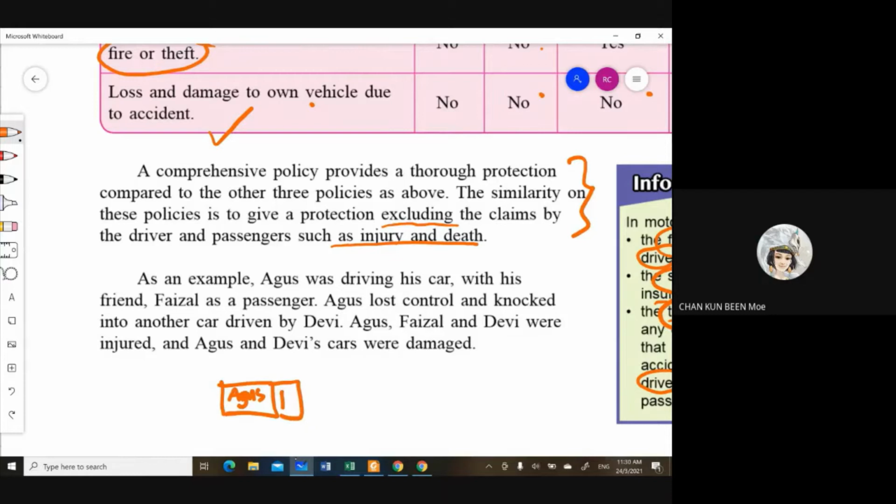Okay, Faisal sits at the back. And then Agus lost control and knocked into another car driven by Devi. So Devi is driving this car. He knocked into Devi. So there is an accident. Okay, after that, Agus, Faisal, and Devi were injured. 3 of them were injured, and Agus and Devi's car were damaged.